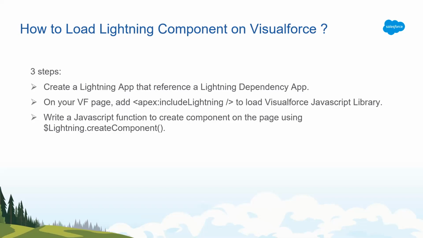And thirdly, you will be writing a JavaScript function to create a component on the page, which will call the Lightning component, and that is done using the $Lightning.createComponent function. So just 3 simple steps. It's not complicated. It's very easy. And I'll be elaborating these 3 steps more on coming slides.